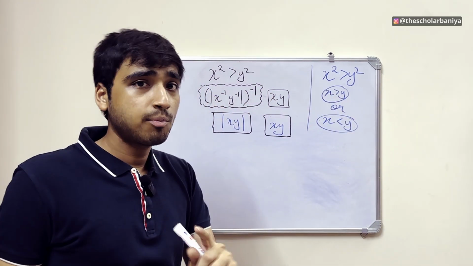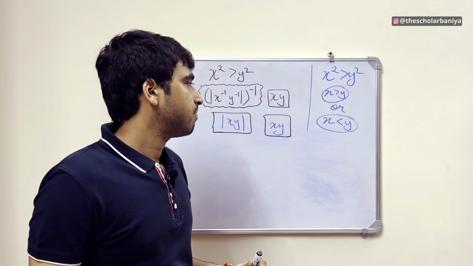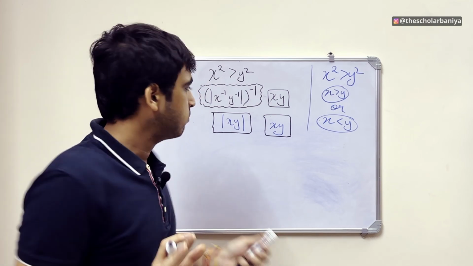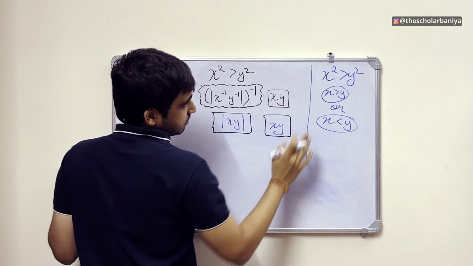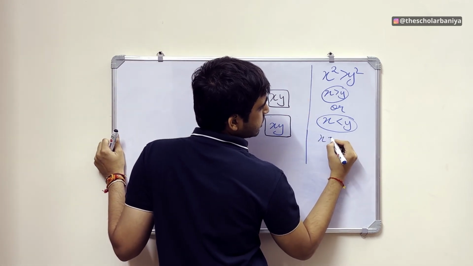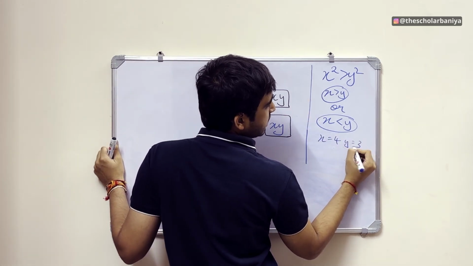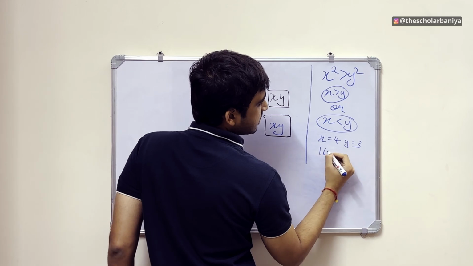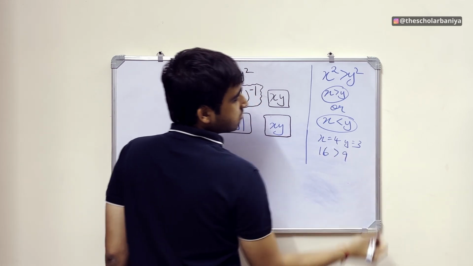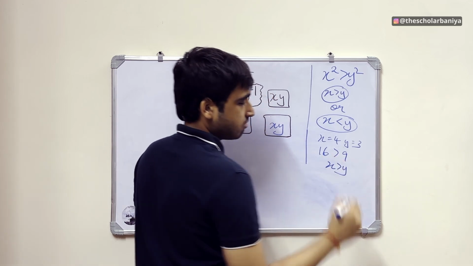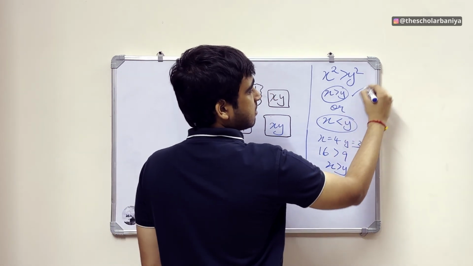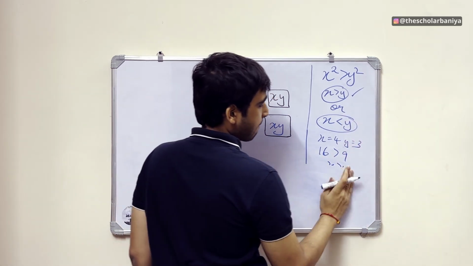Both of these cases are possible. If you want to know how, just listen me out. For example, if x is equal to 4, y is equal to 3, right? So 4 square, 16, is greater than 9, right? And in this case, x is greater than y. So this is fine.